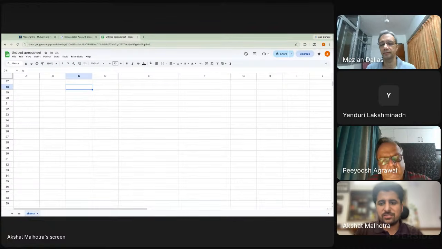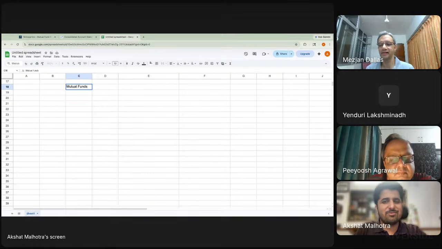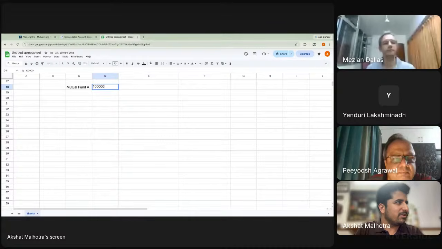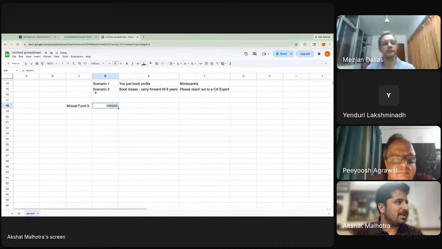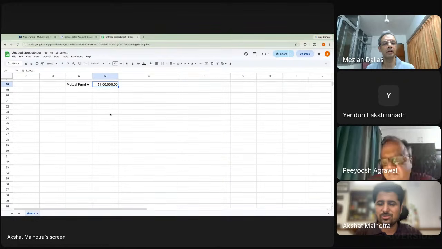I think Mizan, the question is, let me put it this way. I'll not mention shares because then everyone gets confused. I'll say mutual funds only. Let's say we bought mutual fund A and invested 1 lakh rupees. I think the question that Shashwat has is, mutual fund A is on a loss now.